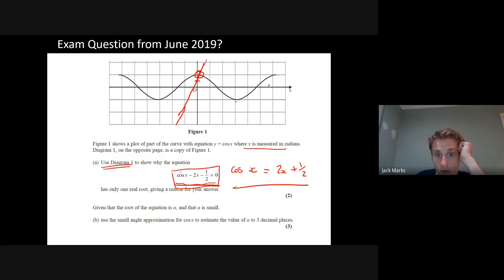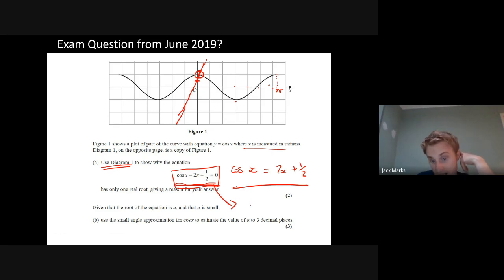There are some other clues here, so it's always good to make connections. 1, 2, 3, 4, 5, 6 and a bit. Do you know anything that's 6 and a bit? Yes, it's 2 pi. Okay. Given that the root of the equation of alpha is small, use small angle approximation. So could we use small angle approximation here? Well, yes, of course we could.